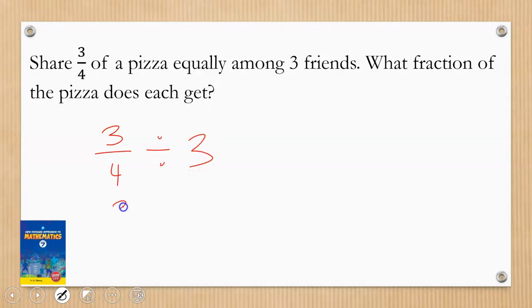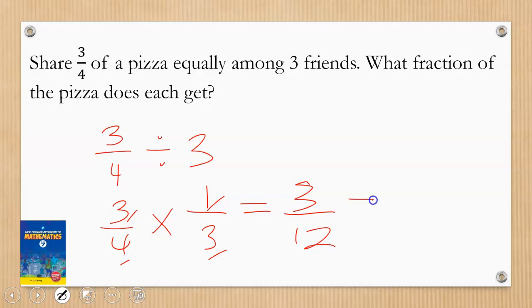So once again, we have 3/4 divided by 3. We change the division to multiplication by reciprocating the second number. And when you do that, we have 3 times 1 is 3, and 4 times 3 is 12. And we can reduce this to the lowest form as 1/4.